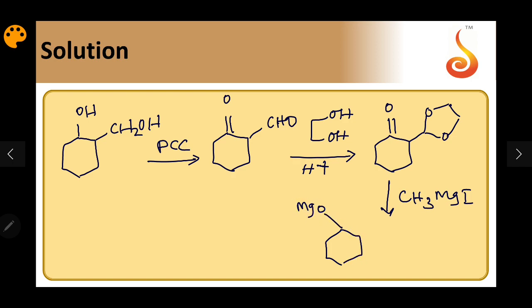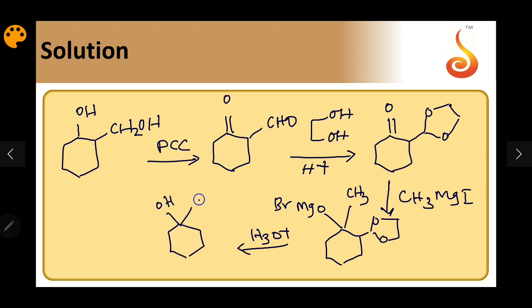OMgBr, CH3, and this cyclic acetal will remain as it is. So when you hydrolyze this, the hydrolysis step is also there, it becomes OH, this becomes CH3, and this will again come back to CHO.